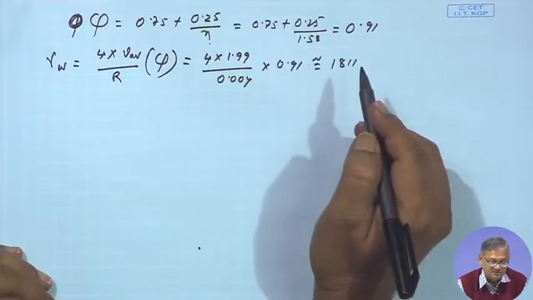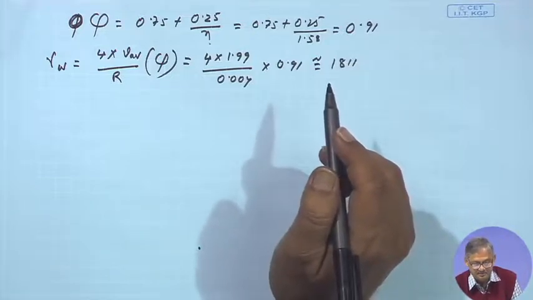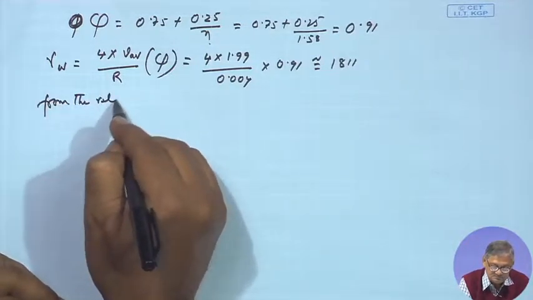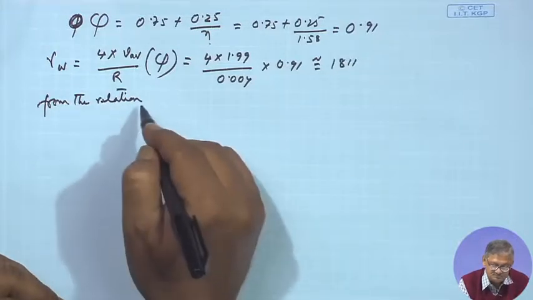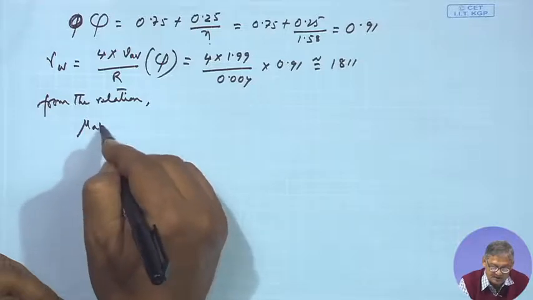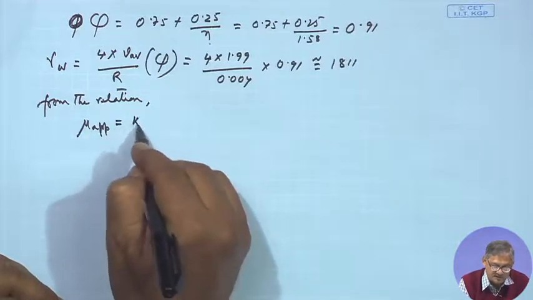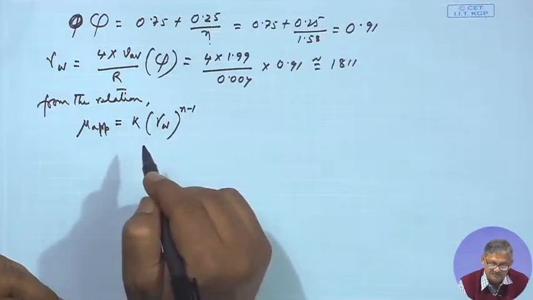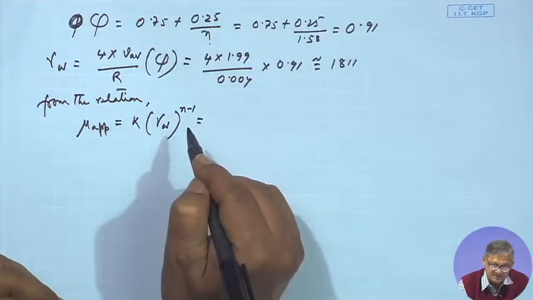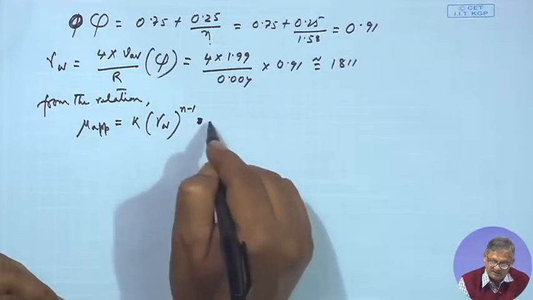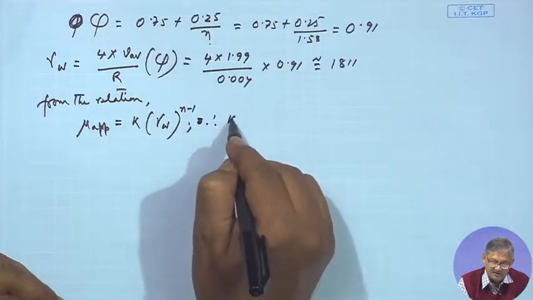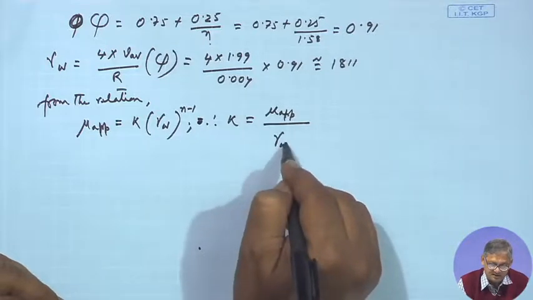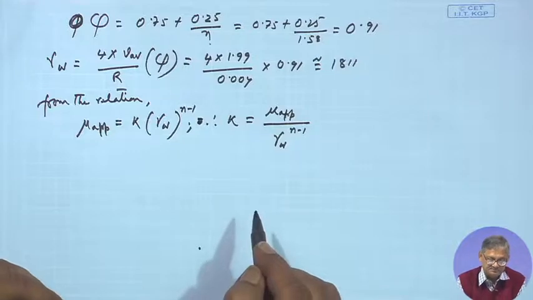So if this is true, then from the relation mu apparent equals k gamma at the wall to the power n minus 1, we can write that k equals mu apparent over gamma at the wall to the power n minus 1.